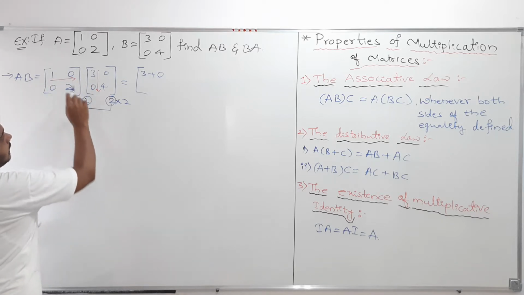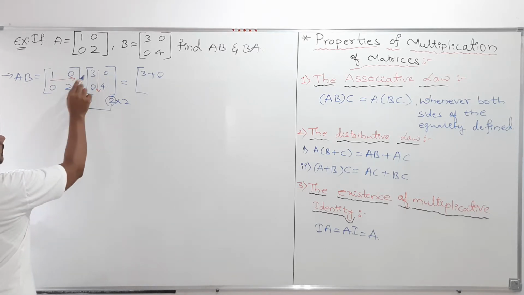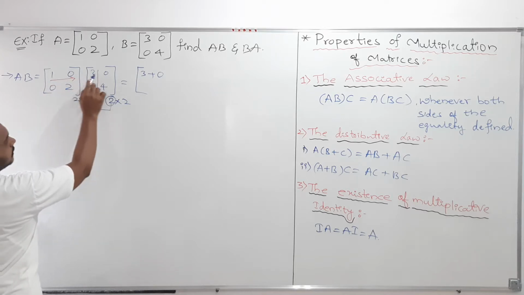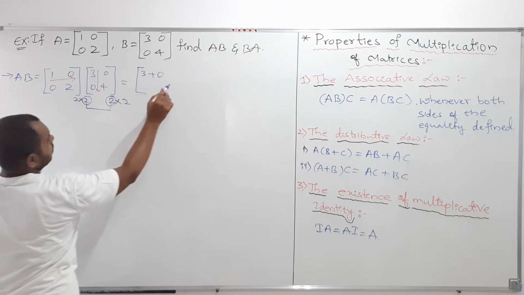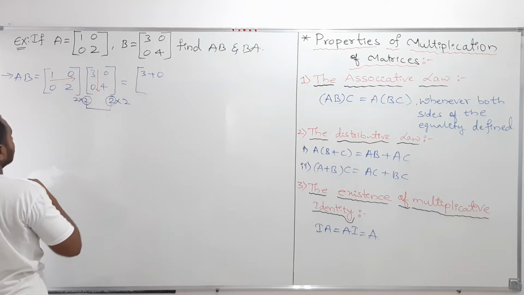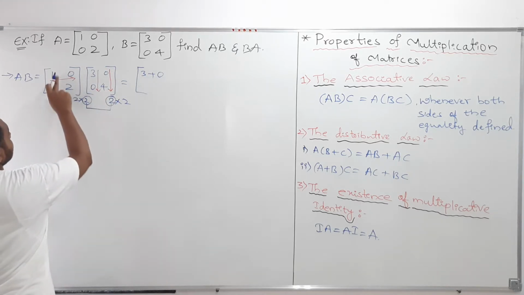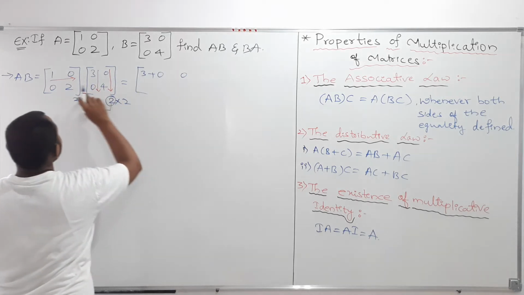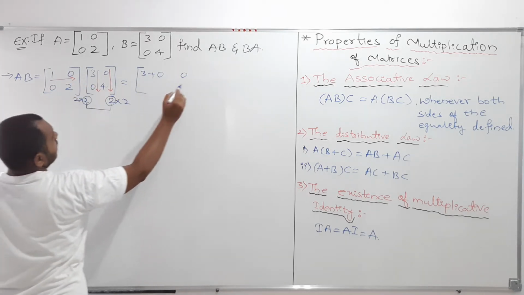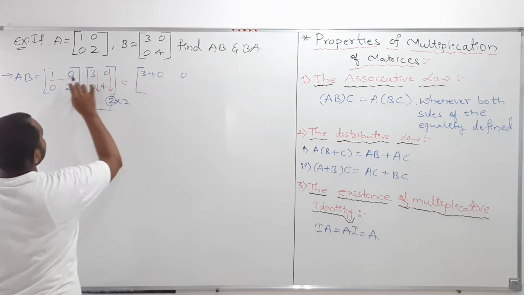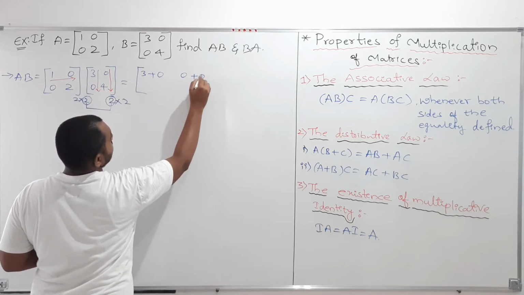Multiplying row by column, first row, first column: 1 into 3 is 3, 0 into anything is 0. Next, first row, second column: 1 into 0 is 0, plus 0 into 4 is 0.